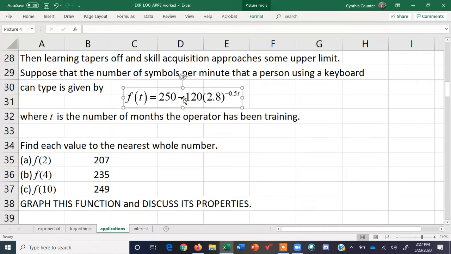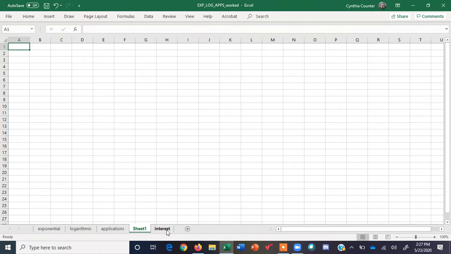I'm going to copy the formula and do the graph on a separate sheet. So here, notice I click this plus to get a new sheet. Double click down here to name it.